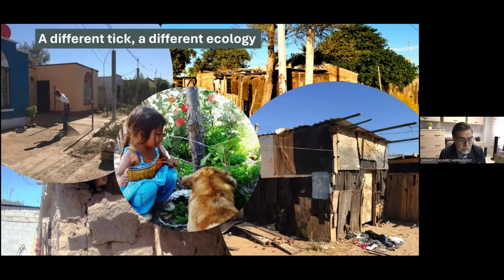Furthermore, we can approach RMSF from a different perspective than the traditional one. If we use a social perspective, we can give importance to the role played by the social determinants of health, as has been observed in some communities in the southwest of the US and Mexico.